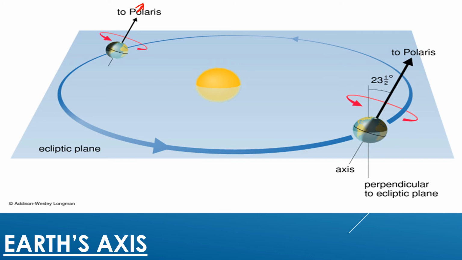So this is the evidence right here, since we're always pointing towards Polaris at 23.5 degrees. That's our northern star. That gives us evidence that that is actually our axial plane.